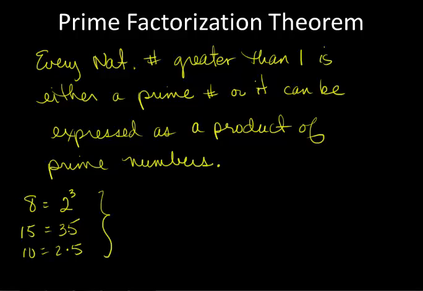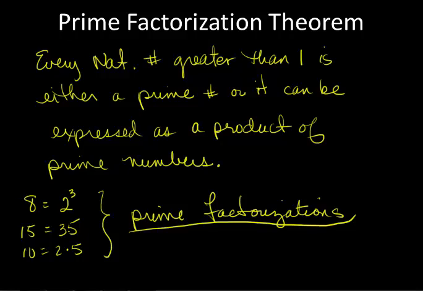These are called prime factorizations. And lots of times in high school, I know that you had to prime factor numbers. That means to find their prime factorization, or to write them as a product of prime numbers.